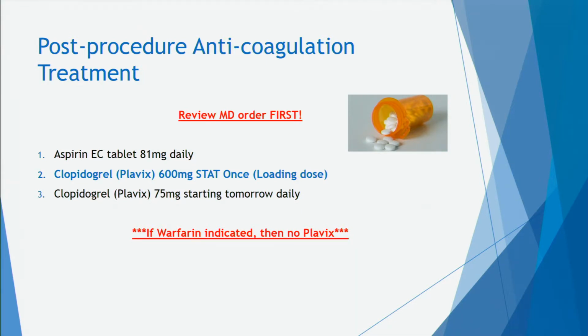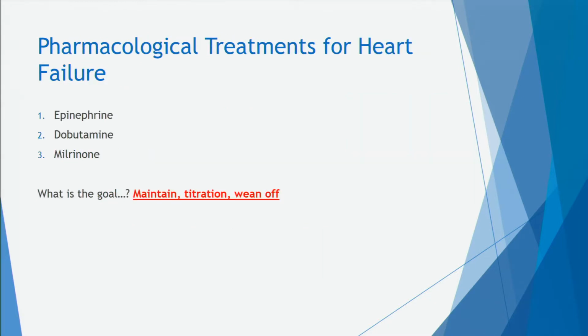And then they'll get a daily aspirin, and then they'll start on 75 milligrams on post-op day 1, technically, which would be on the floor, for a daily dose of Plavix. Now, if they're on warfarin, then there's no indication for Plavix, so these would be like a separate patient. So you just want to be sure to review the post-op anticoagulation orders for these patients, just to make sure we don't miss that loading dose of Plavix.